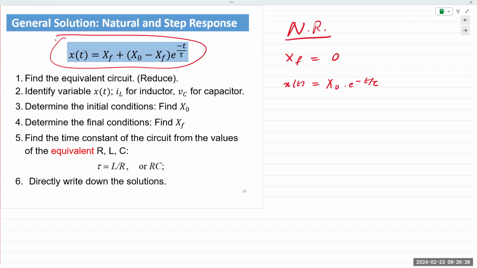Remember from Wednesday, it's V0 into e raised to minus t over tau, or I0 into e raised to minus t over tau. Does everybody see that? So this expression works for natural response circuits also.